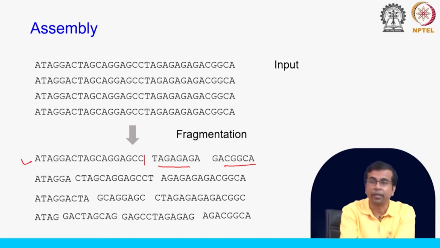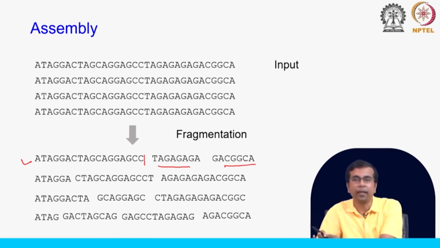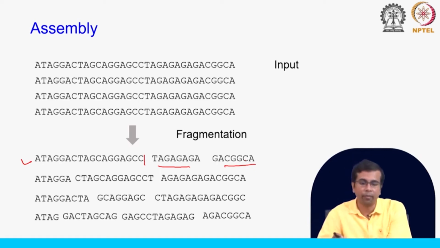That is why you see different types of fragments. What we will do is take these fragments and process them through the adapter ligation step, amplification, and maybe some size selection where we might remove very short or very long fragments, depending again on the platform that we are using.